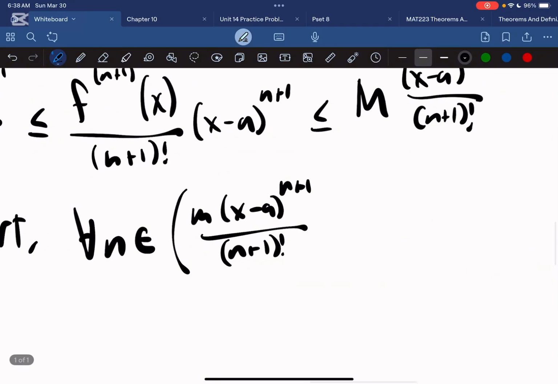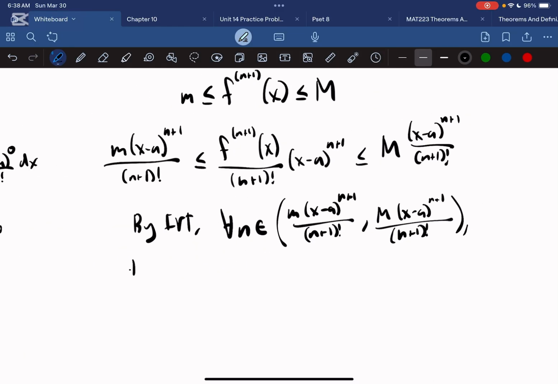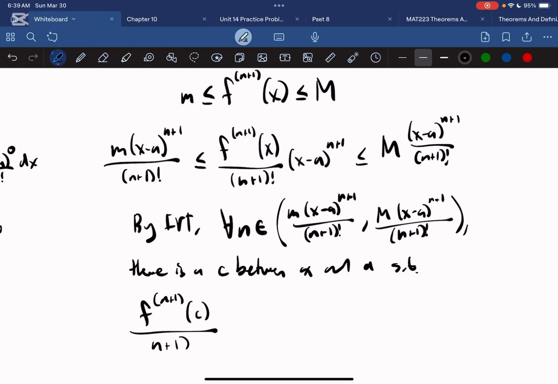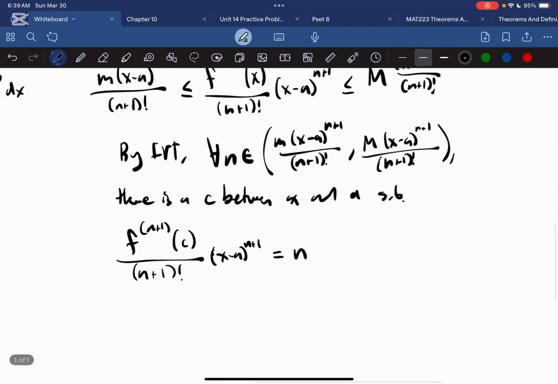IVT is pretty simple. There is a c between x and a such that f n plus 1 at c over n plus 1 factorial times x minus a to the n plus 1 is equal to n. Great. This is what we know.